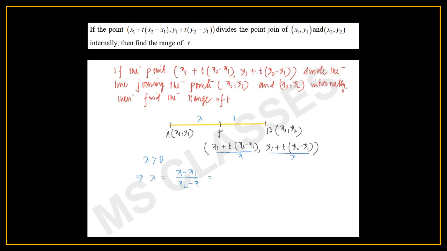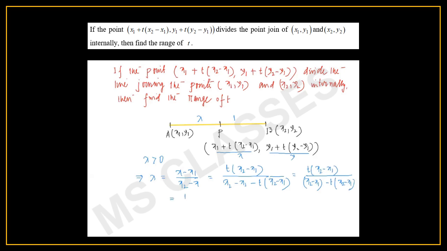So x minus x1 gives us t into (x2 minus x1), divided by (x2 minus x1) minus t into (x2 minus x1).